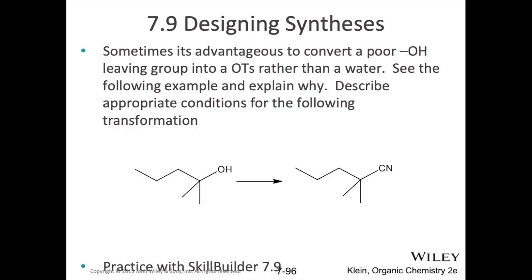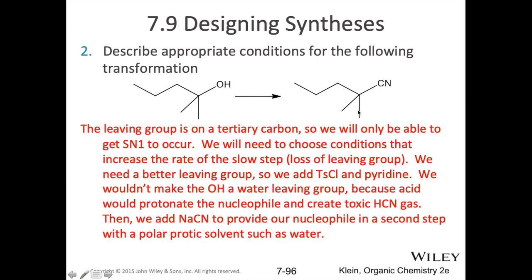But another way to do this is to swap out that alcohol group for a tosylate group, which is also a good leaving group. You don't want to add an acid to this directly. Why is this a scenario where you don't want that to happen? Well, the problem with having acid present when you add your nucleophile is that here your nucleophile is a cyanide, and hydrogen cyanide is toxic, so you want to avoid that happening.